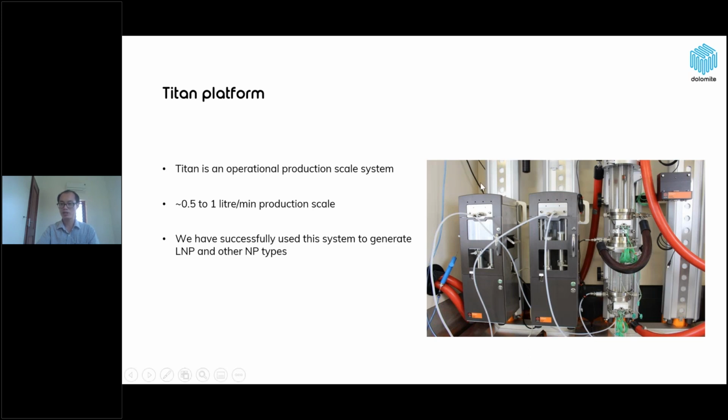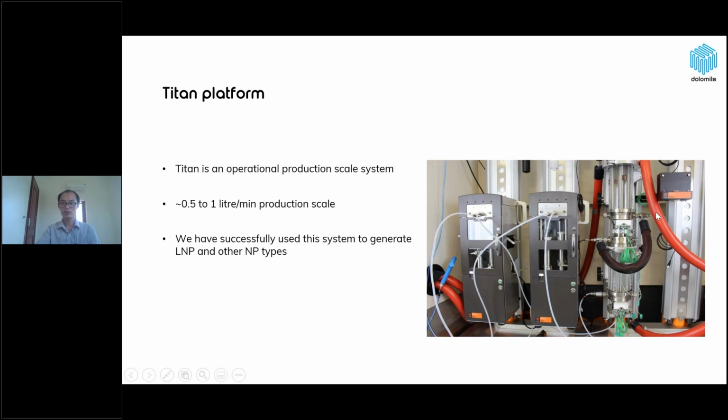As you can see here, it includes 2 pumps; just one can run at a maximum of 250 milliliters per minute with 1 channel. With 2 channels and 2 pumps, you can pump at a maximum of 500 milliliters per minute, or 0.5 liter per minute, for the production scale process.